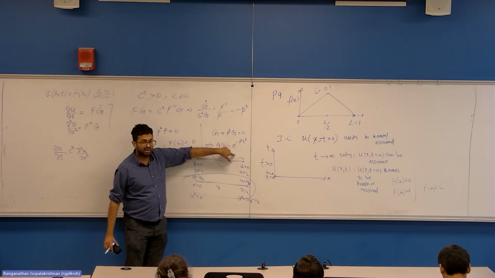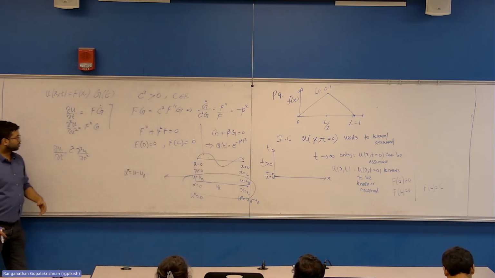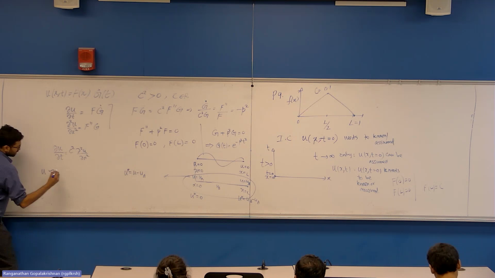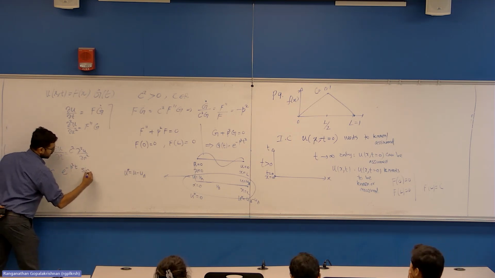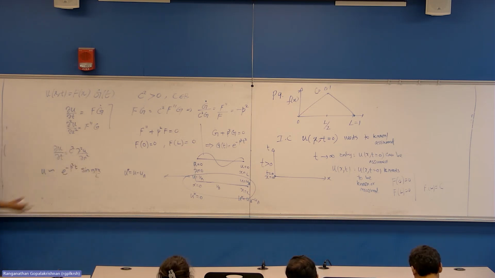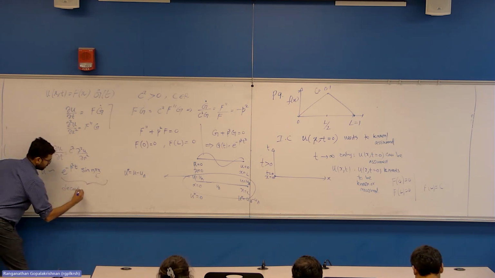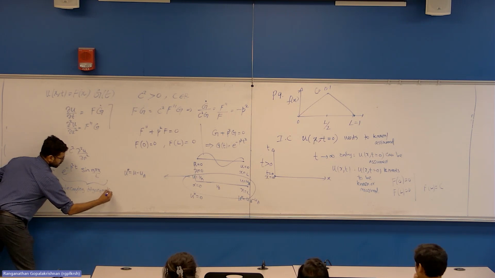So most transient solutions to the heat equation will have a functional form that scales with e power minus p squared t times sine n pi x over L or plus cos n pi x over L. Or in other words, you have what is called decaying trigonometric functions.